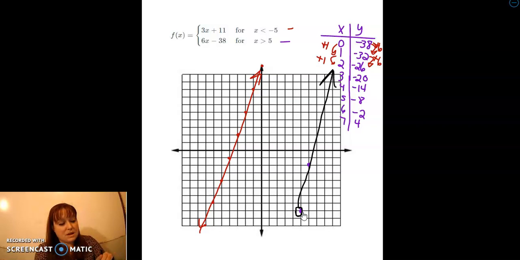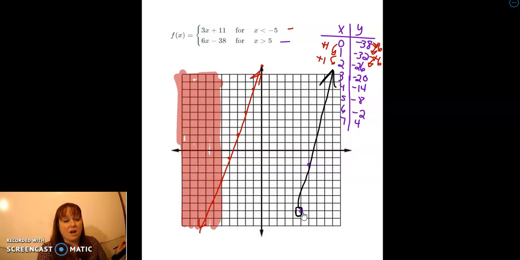Now I look at the other piece. For that one, I want x less than negative 5: 1, 2, 3, 4, 5. So I only want to see this part of the graph over here. If you had an eraser, you could literally erase the piece that wasn't in the colored spot, but since I don't have that, I'm just going to draw it here.